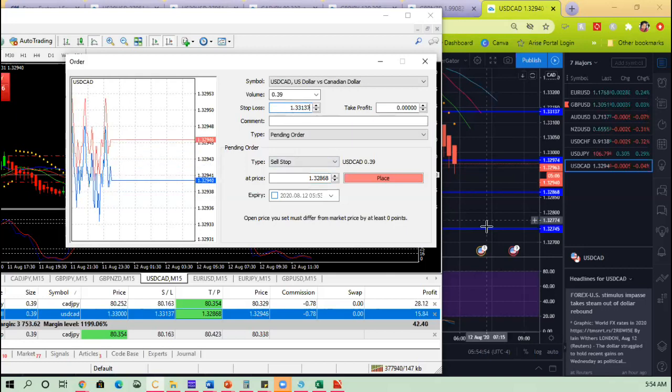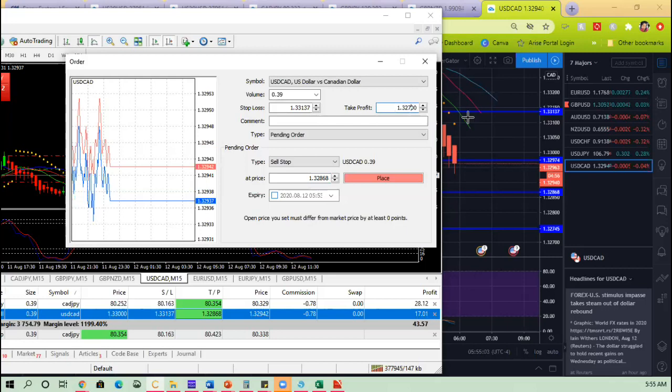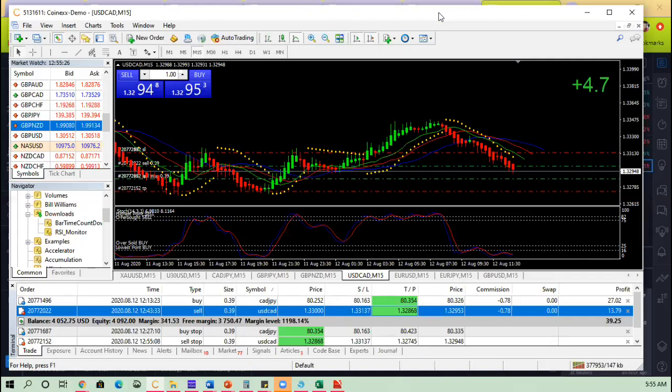Take profit, we're going to use that next support and resistance line. So that is 1.32745. And we'll place our order. Okay, so we've got 2 trades running and we have 2 pending orders. And so far everything is up in profit. So we're just going to let everything continue to do what it does.